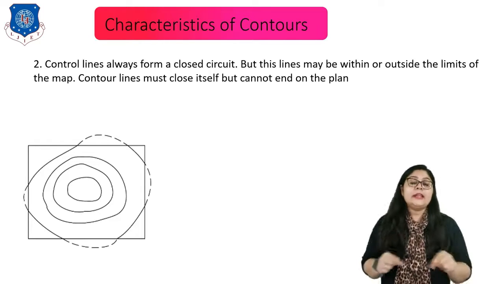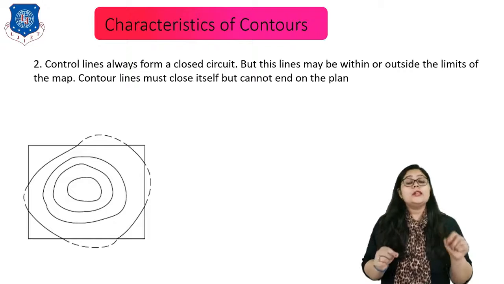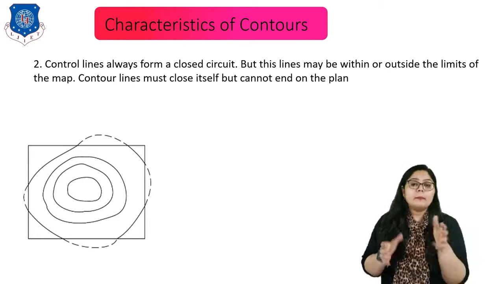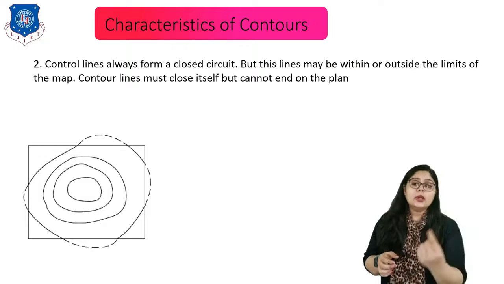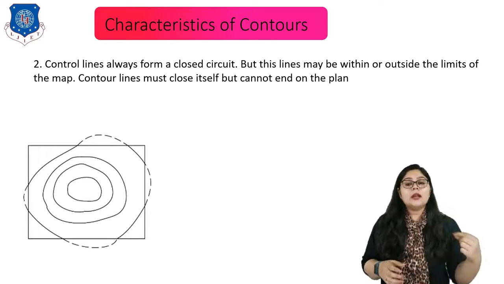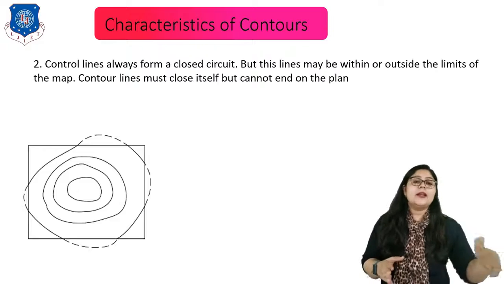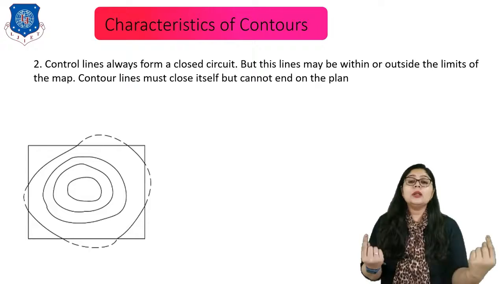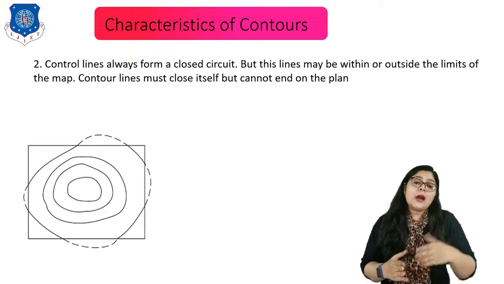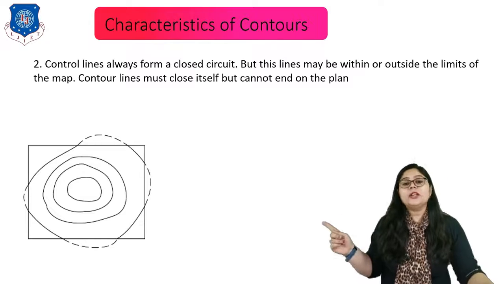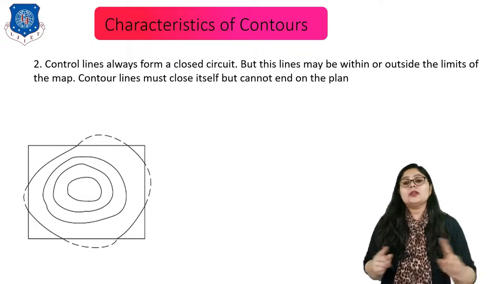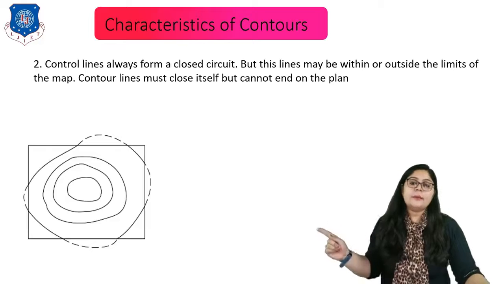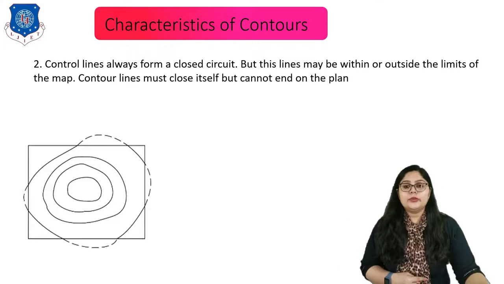But now my area is restricted, so it is possible that the line is not completed in this map, but it continues into the other extended area. But for better understanding, if I want to join the whole circuit, the outside area should be marked with a dotted line, but the inside area should be a closed circuit in a complete line. That is the second characteristic of contours.